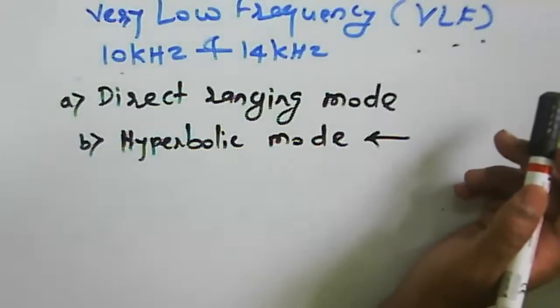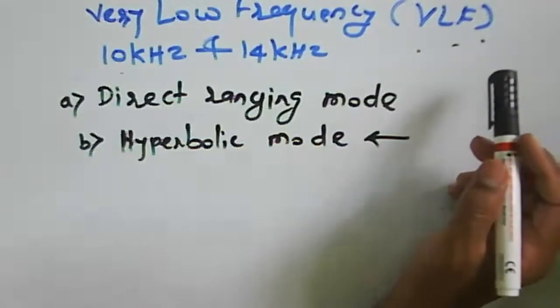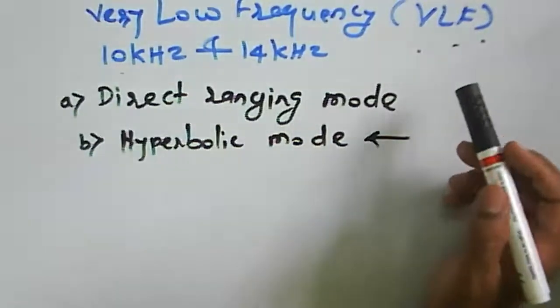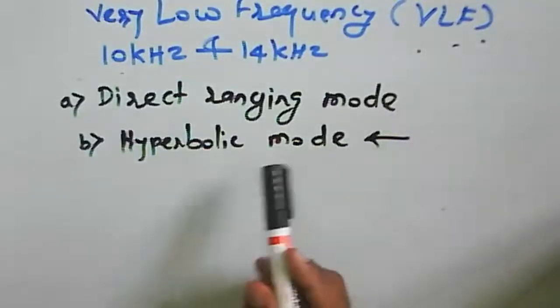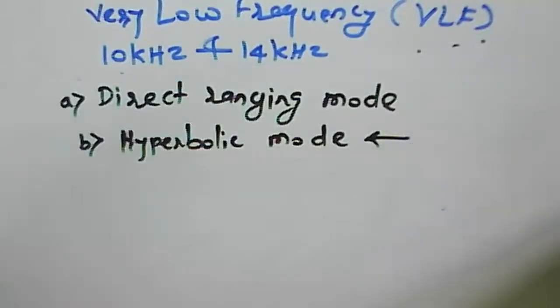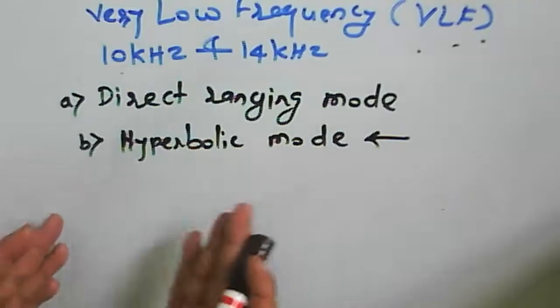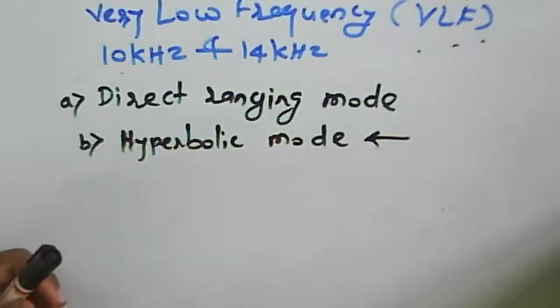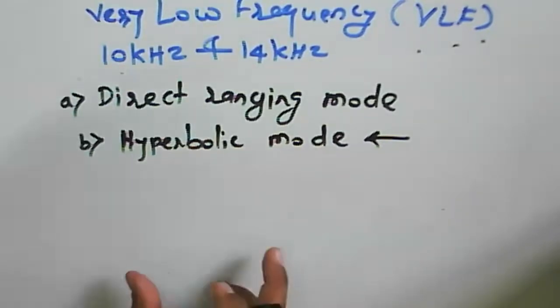But in the case of the hyperbolic mode, the receiver measures the position relative to the transmitter pairs by making a phase comparison between the signals coming from the particular pairs. So they form the pair, and according to that they will change their position.